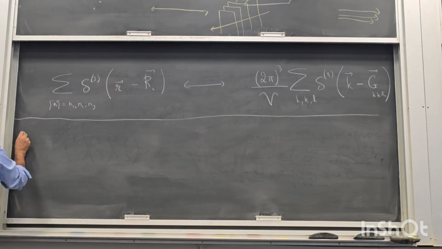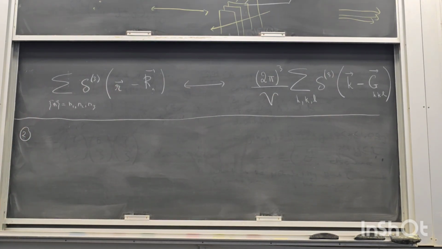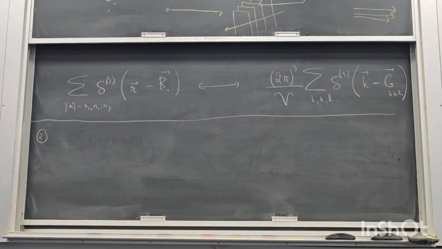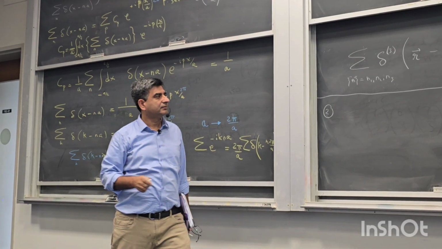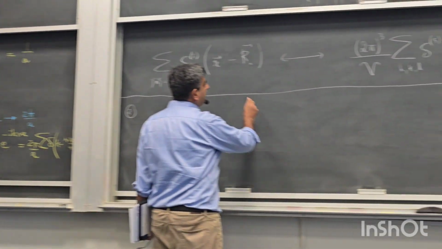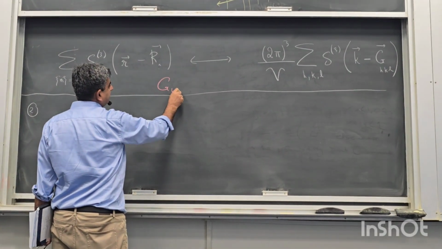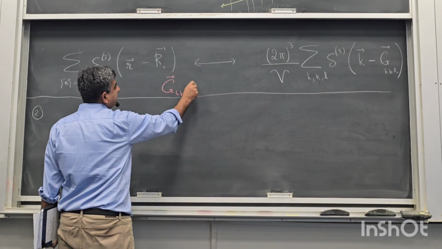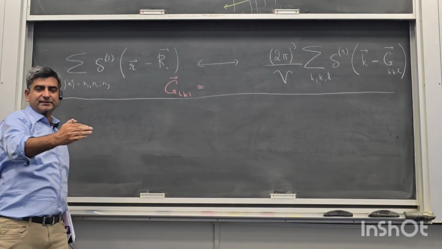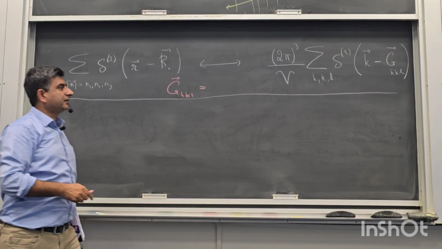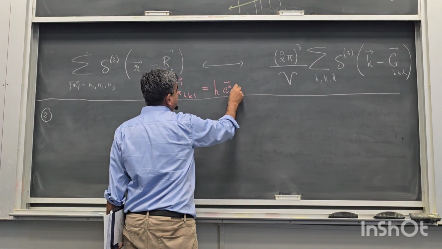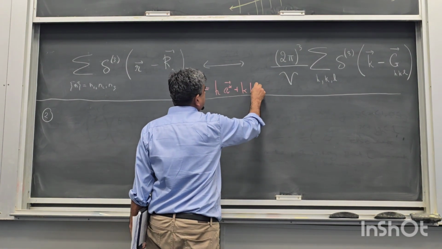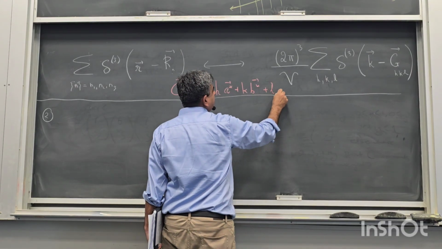Each of my G vectors, the reciprocal lattice vectors, is a translation vector in the reciprocal space given by H A star plus K B star plus L C star.